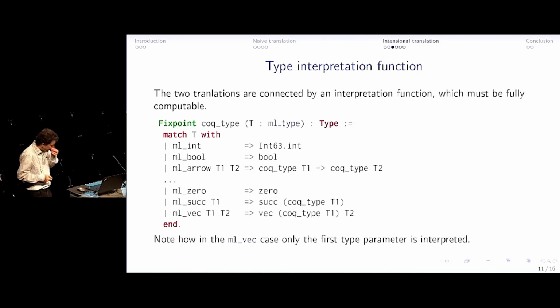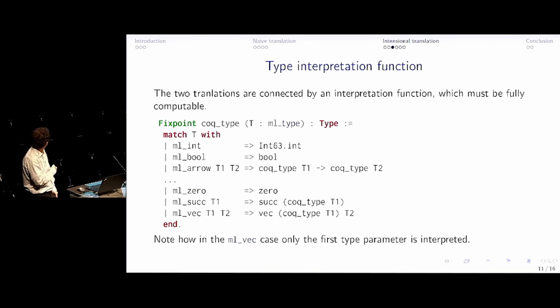Okay, and then I need to connect the two versions. So I have a function that translates from ML type to type, an interpretation function. And of course, since I'm going to use it all over the place in my programs that I want to evaluate, these functions should be computable. Simple definition: int are 63-bit integers, and there are 63-bit integers in Coq, so we can keep the semantics.